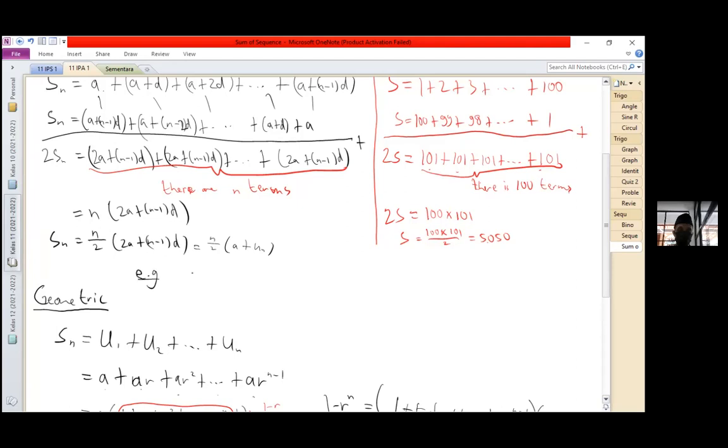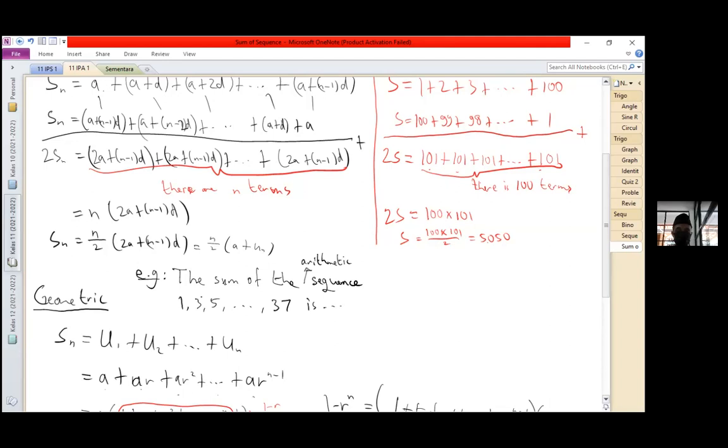Let's say the sum of the terms of the arithmetic sequence 1, 3, 5, and so on, until 37.